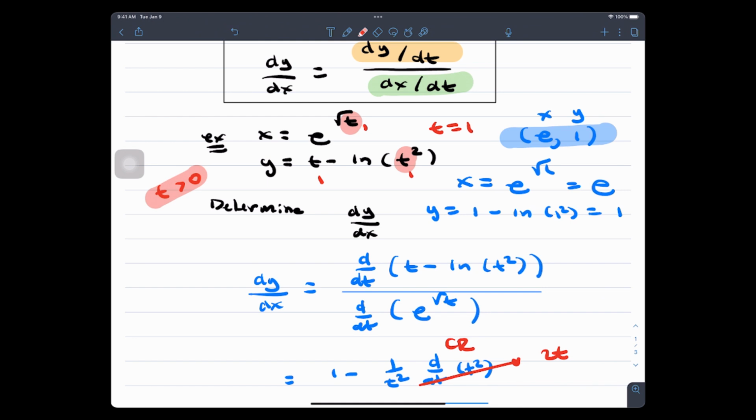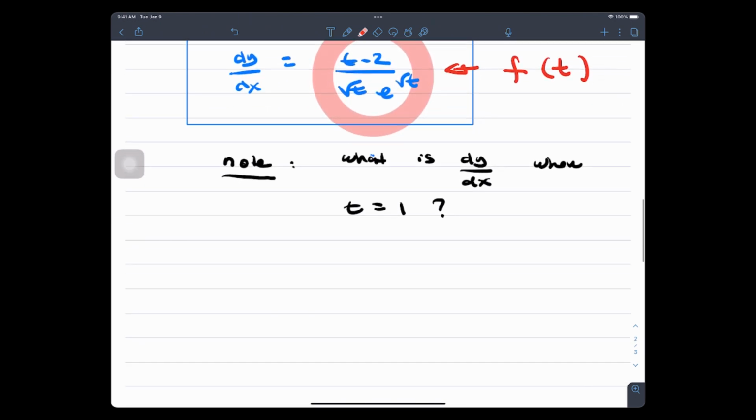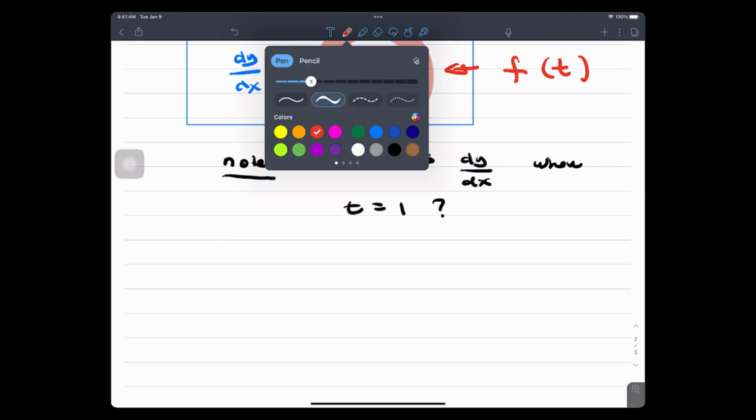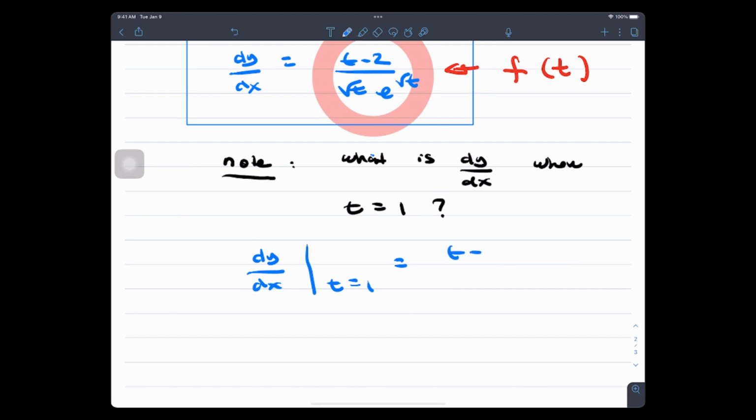So to go back and remark here about this parameter value of t being 1, they want to know what's the derivative of that function when t is 1. We know what the point is. What they're saying is simply let t be 1, which means you have t minus 2 over square root of t, e to the square root of t, with t being 1.